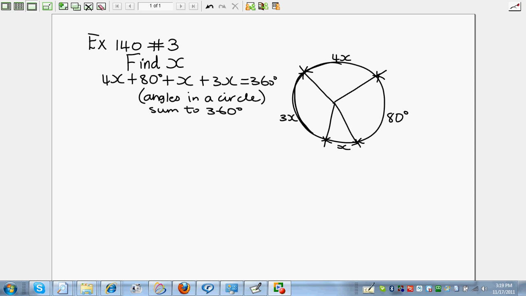So what we'll do is add all the x terms together. So 4x plus x is 5x plus 3x is 8x. So we have 8x plus 80 degrees is equal to 360 degrees. So 8x will be equal to 360 degrees minus 80 degrees.